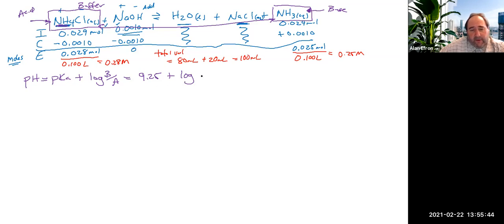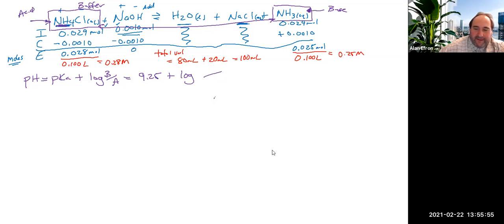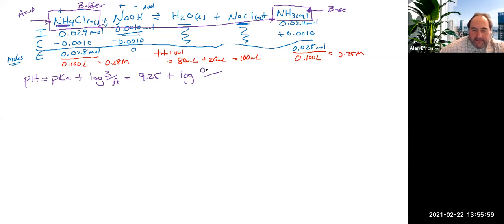And that means that we are going to take the 0.28 divided by, no, you're not. I did that backwards. Try again. We're going to take the 0.25, which is the base, divided by our acid, which is 0.28.